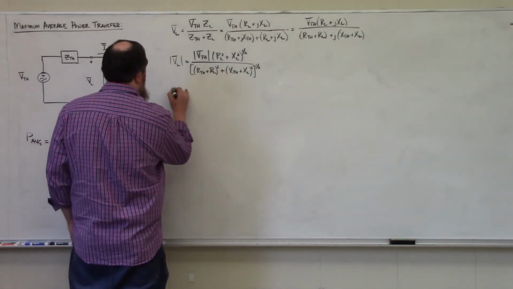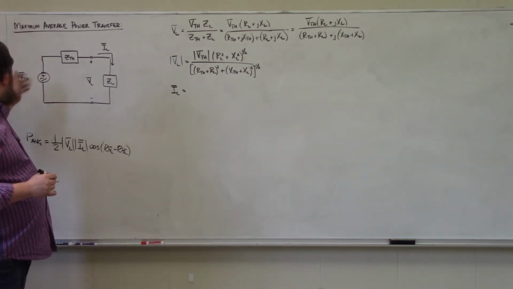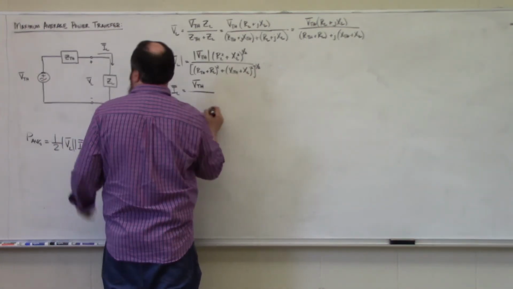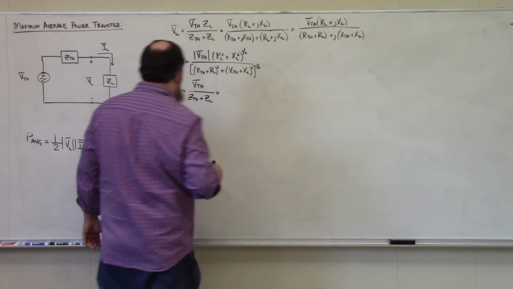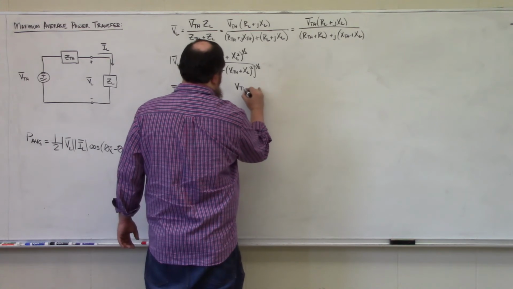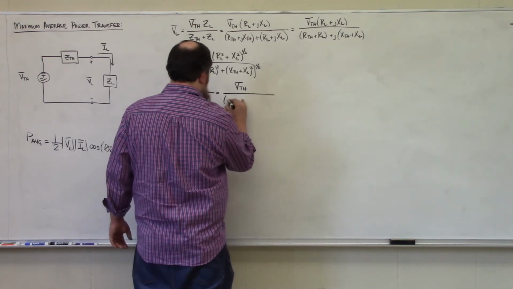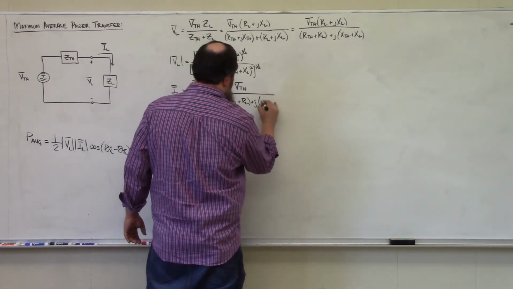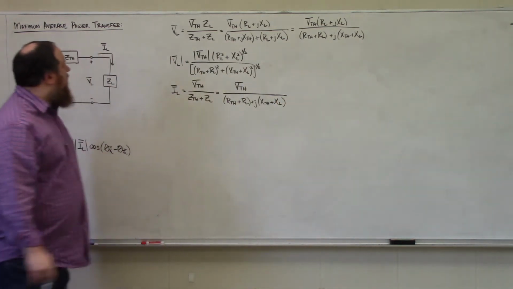Next, let's find our current IL. So IL, we can see just using Ohm's law, is going to be VTH divided by ZTH plus ZL, which is equal to VTH divided by RTH plus RL plus j(XTH plus XL).